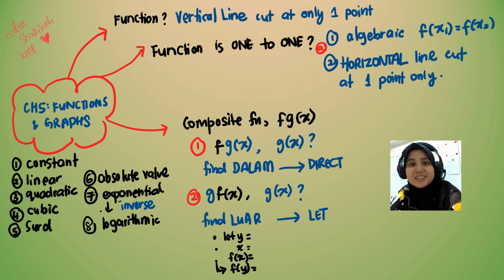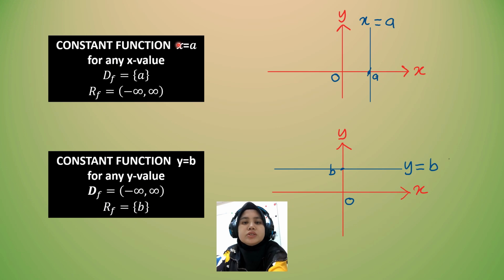So that's all. Later we look at a little summary for each graph on how we can draw it. For the constant function, either you have x in front or y. For the x, that means our graph will be vertical.